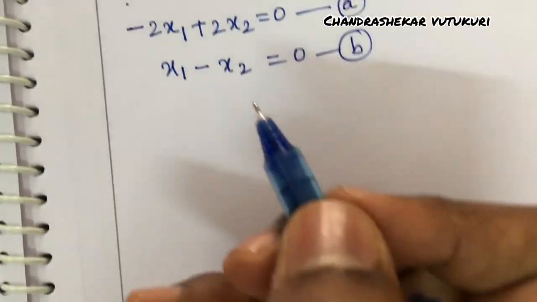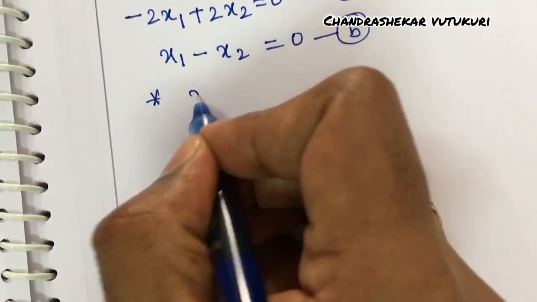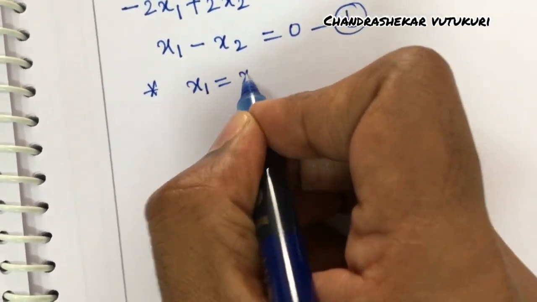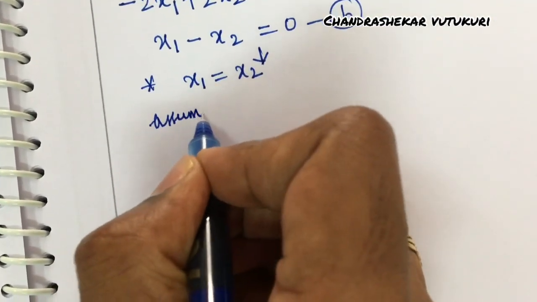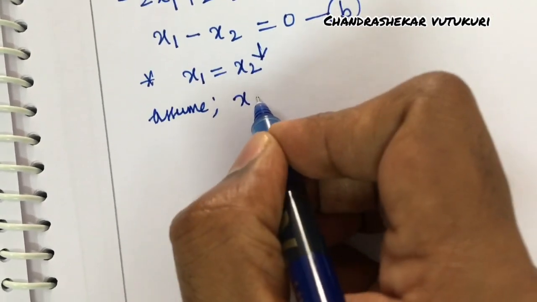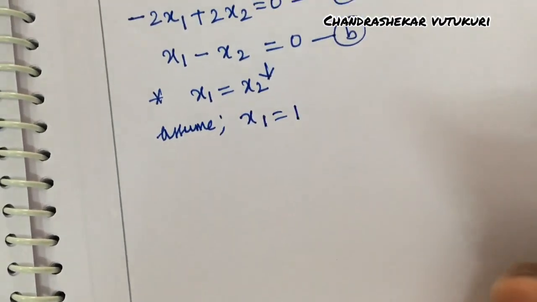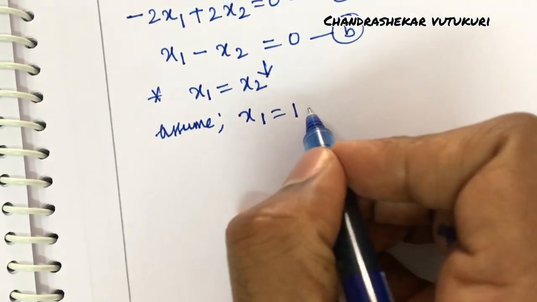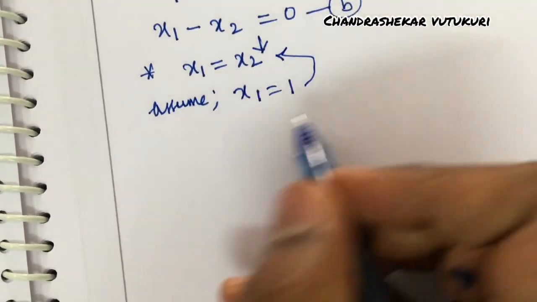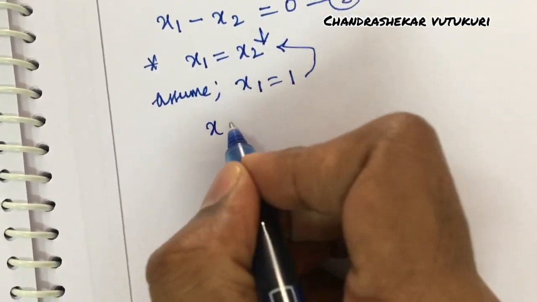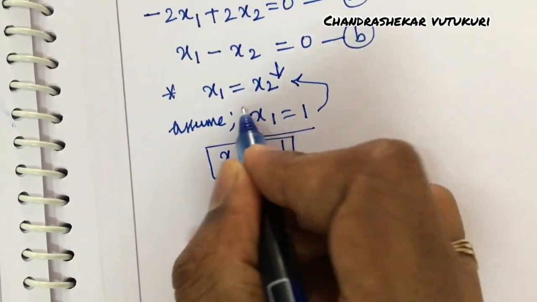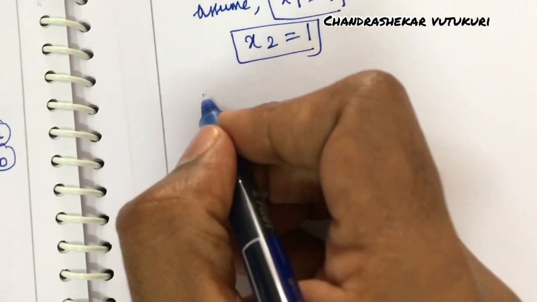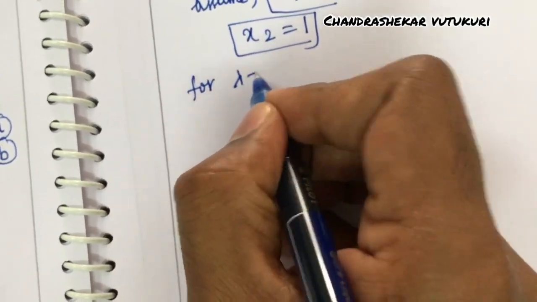Now, I can write this as x1 equals x2 from equation B, and assuming x1 equals 1, upon substituting here, what happens to the above relation? x2 is also equal to 1, dear students.